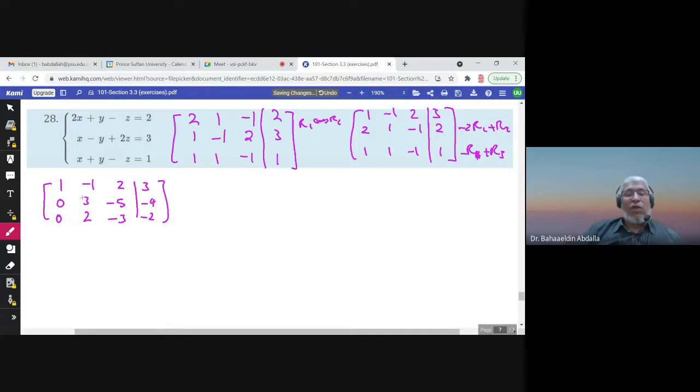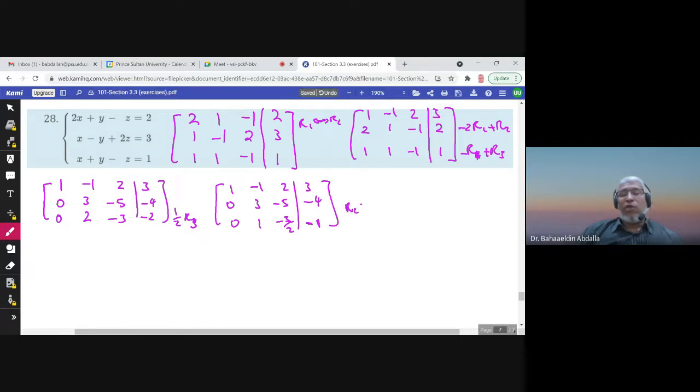Well, I need 3 to be 0. So I will divide by 3. Well, I prefer to divide by 2. So I will divide row 3 by 2. Negative 3 over 2. Negative 2 over 2.